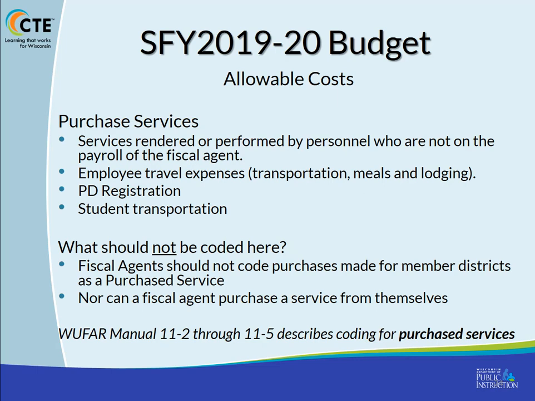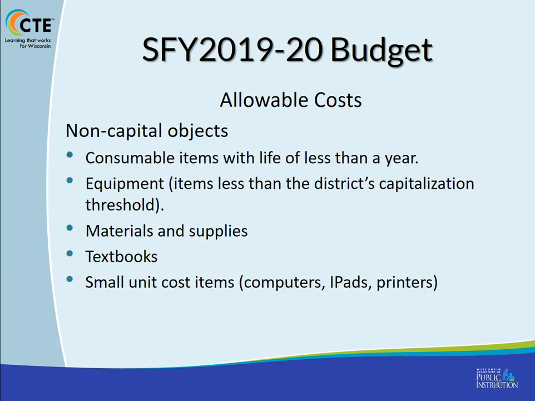Purchased services typically include personnel not employed by the fiscal agent, employee travel, professional development registration, consultant fees, or student transportation costs. Non-capital objects include equipment with a small unit cost, as well as supplies, computers, and software.